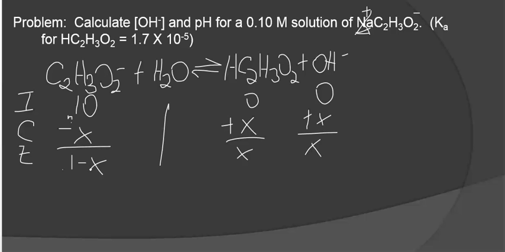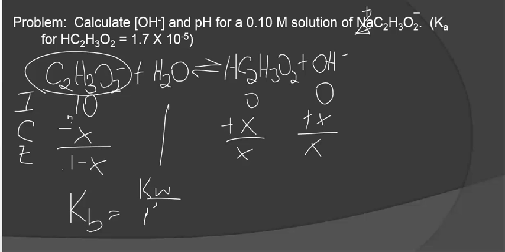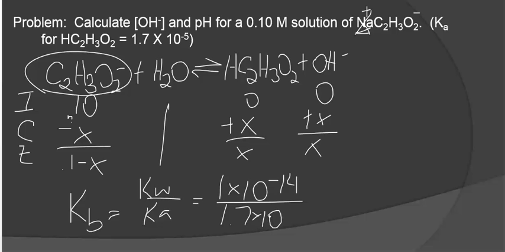Since acetate acts as a base, I need a Kb value. Well, Kb is Kw divided by Ka. Kw is 10 to the negative 14th. Ka, given in the problem, 1.7 times 10 to the negative 5. So Kb comes out to 5.9 times 10 to the negative 10th. So now I have Kb, and I can set up a Kb expression to solve for hydroxide.